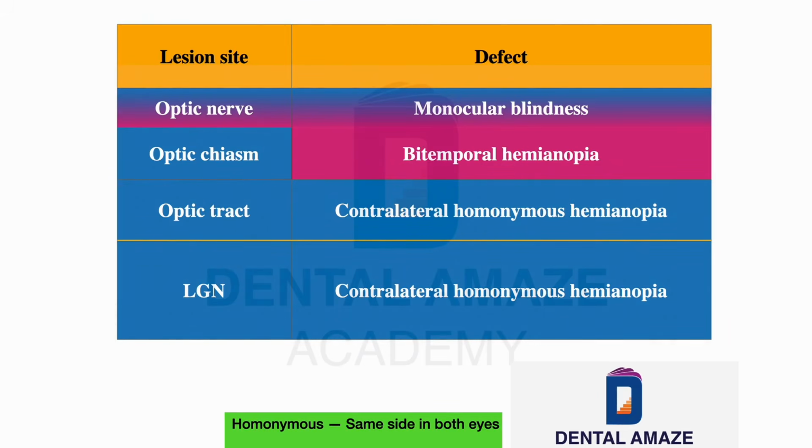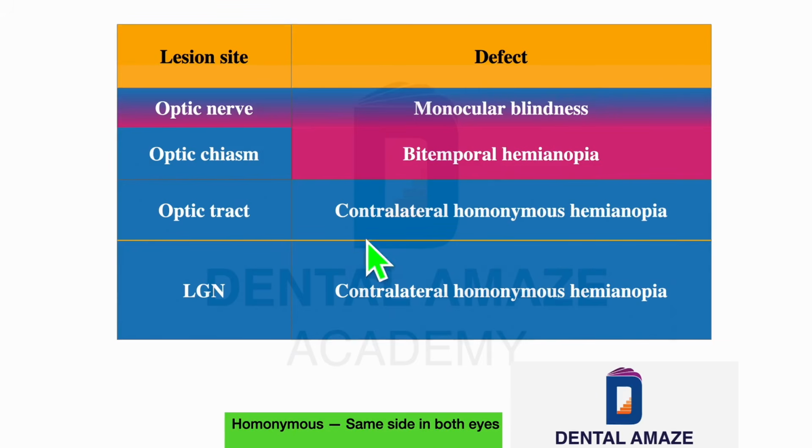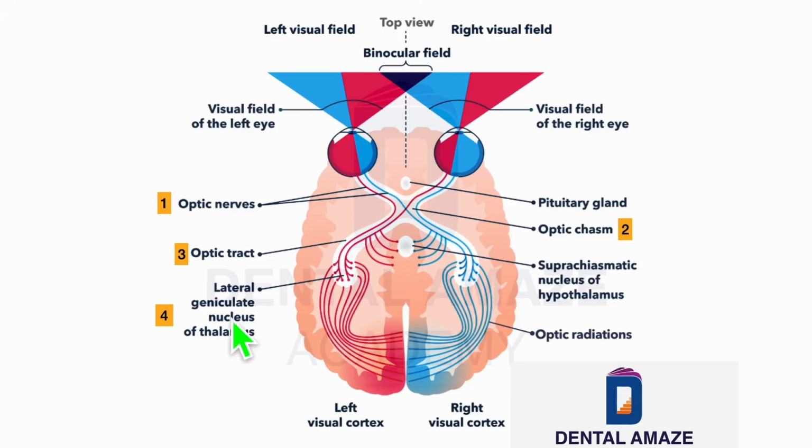The optic tract doesn't have a combination, it can be either red or blue, so I made it blue. The same applies to the lateral geniculate ganglion, LGN. It goes into your thalamus. This is your third order neuron. I'll come to that.